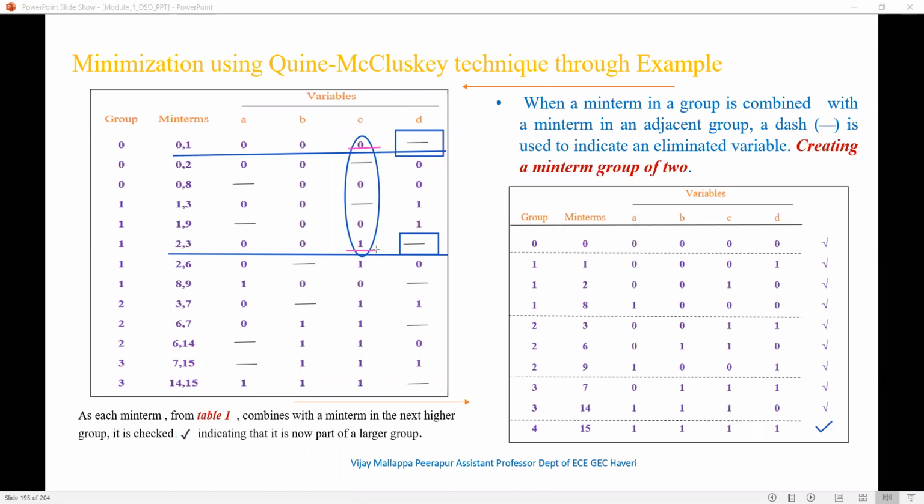You just need to follow the same step and keep on comparing group 0 with 1, 1 with 2, and 2 with 3 in order to create a group of 4 mean terms. This applies to any larger group of mean terms. Since it is always a power of 2, we can go for groups of 2, 4, 8, 16, 32. Right? This is how we can make a group of mean terms.